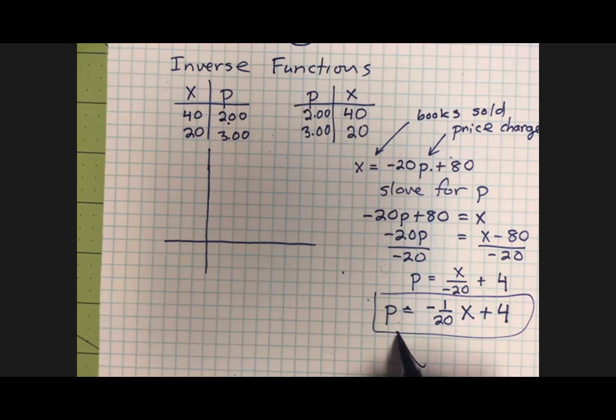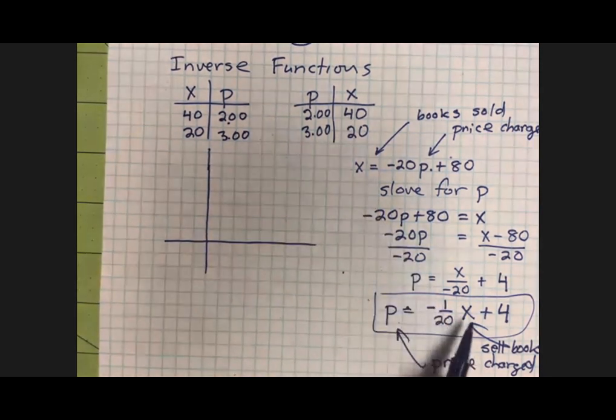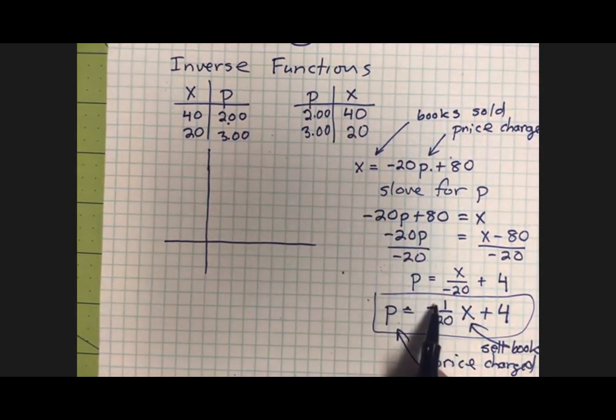And this is a formula for the price you're charging if you sell this many books. This is a formula that literally says, if I sold 40 books, 40 times minus 1 over 20 is negative 2. 4 minus 2 is 2.